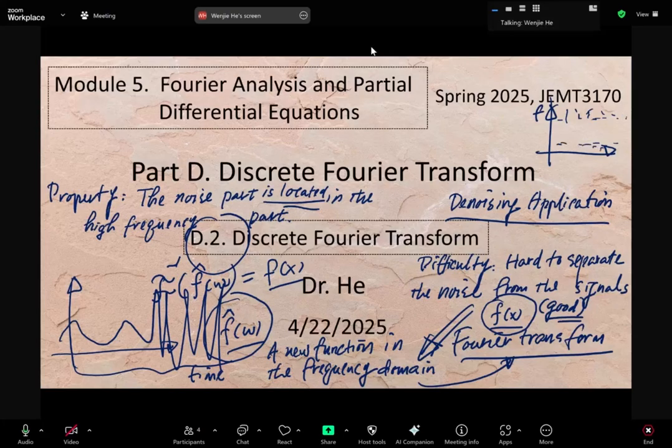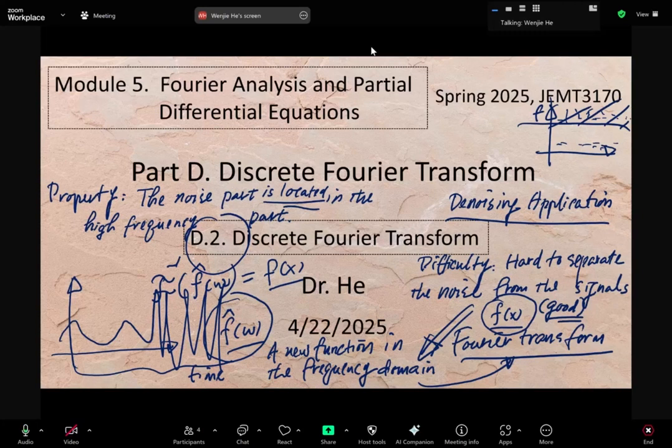But most of the noise is located in the high frequency part. How to remove the noise? Cut off the high frequency, and then most of the noise is removed.